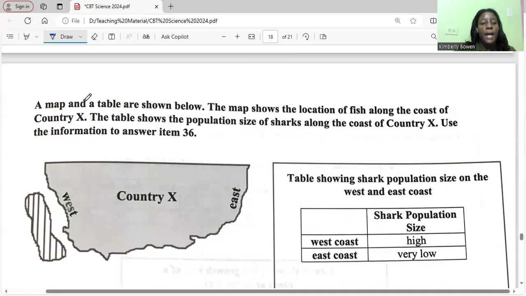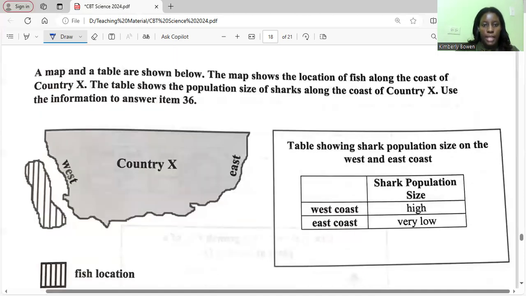A map and a table are shown below. The map shows the location of fish along the coast of country X. The table shows the population size of the shark along the coast of country X. Use the information to answer item 36.